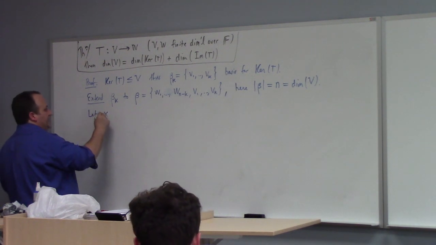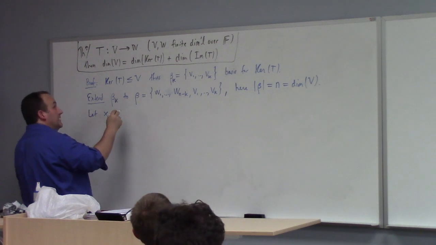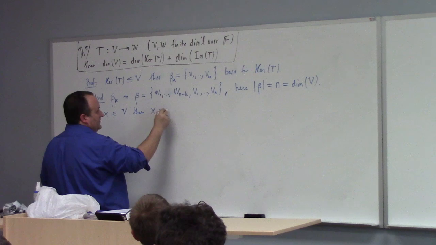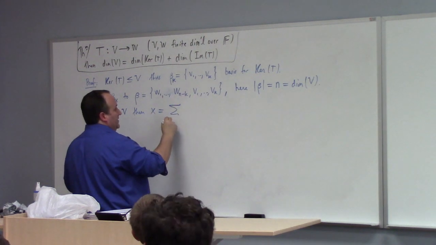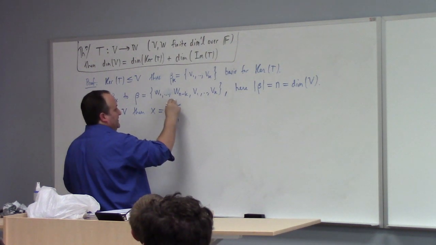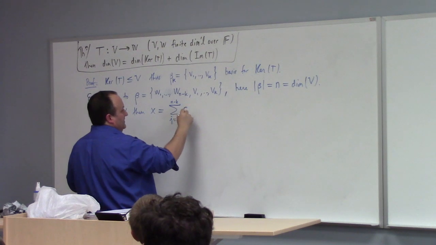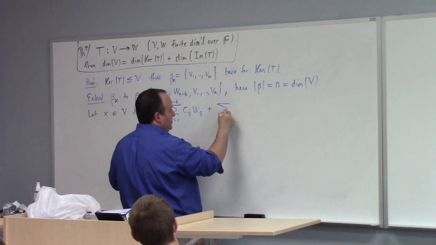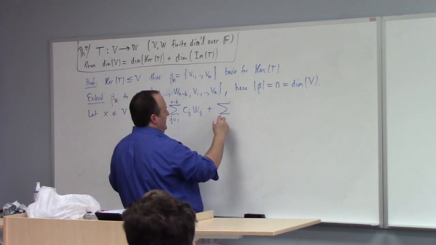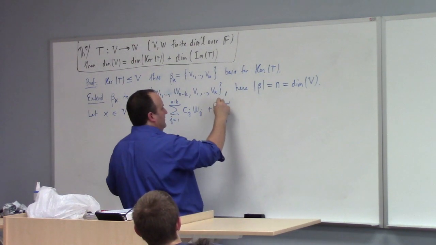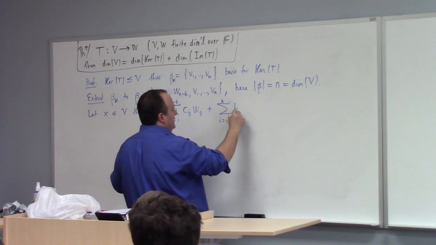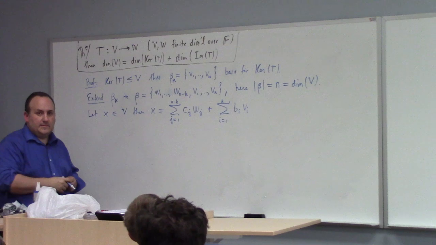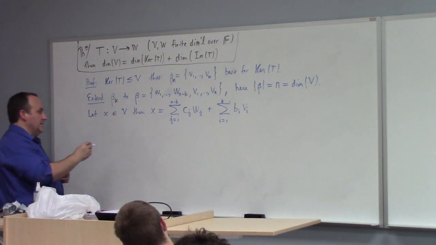Let x be an element of V, then x is equal to a sum, j equals 1 to n minus k of, let's say, cj wj, plus a sum. I'll use an l. And I didn't use i yet. i equals 1 to k of, let's say, bi vi, just to keep things separate. All right, great.